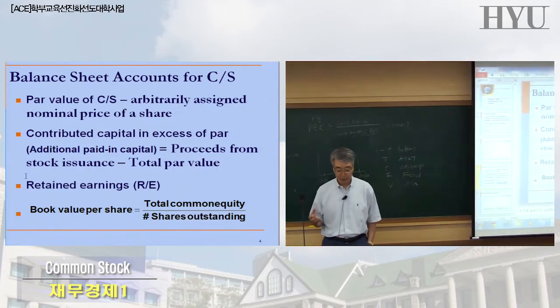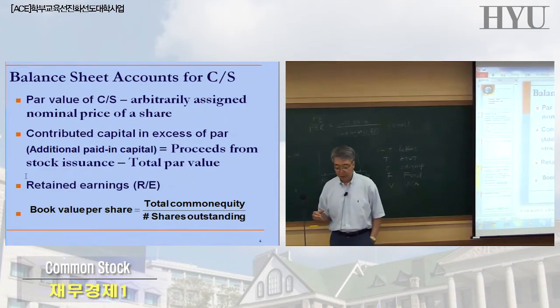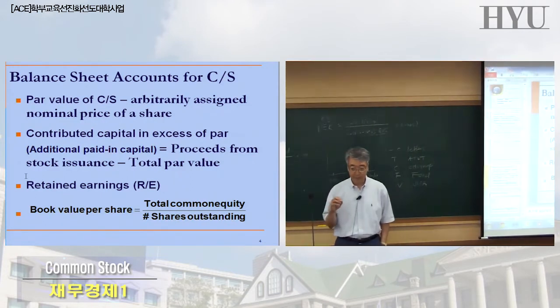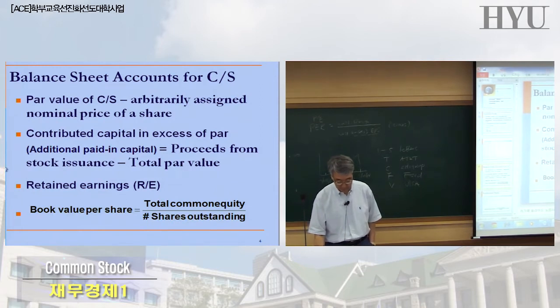So from the company's standpoint, this market value has nothing to do with the company's book value. So in order to list the stock as one of their securities, you have to assign at least some value, right? So usually $1, $2, a very minimum value. So that's what we mean by par value.